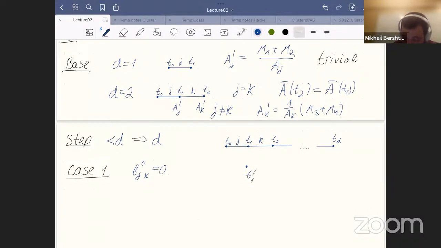T1 prime, which is connected with these vertices by permutation in the opposite direction.